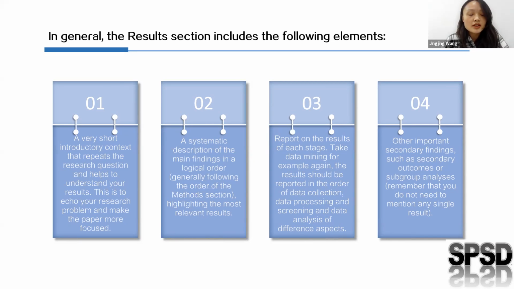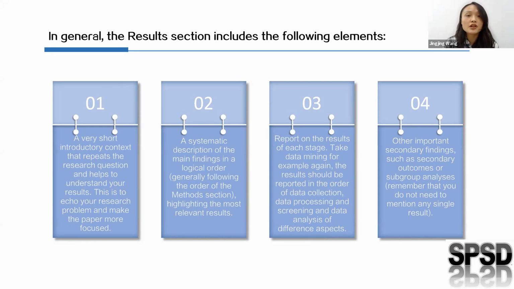And the last part should be some other important secondary findings like secondary outcomes or subgroup analyses. But remember, you don't need to mention every single result.